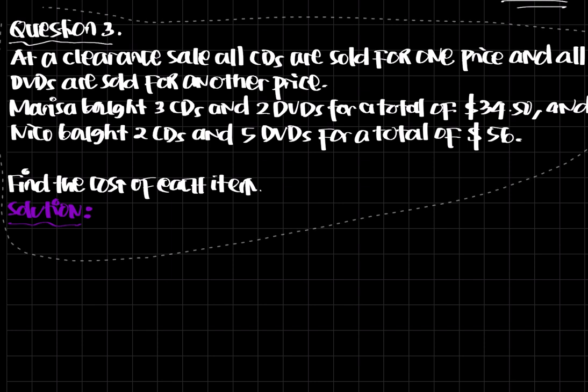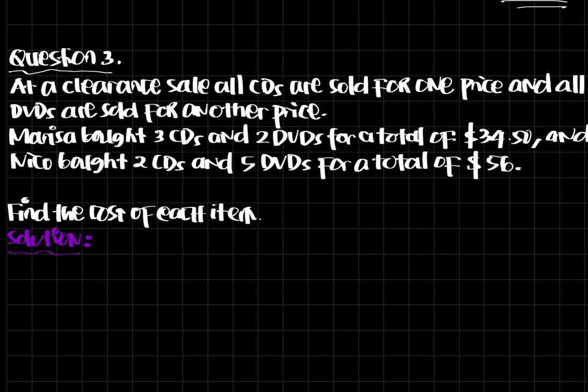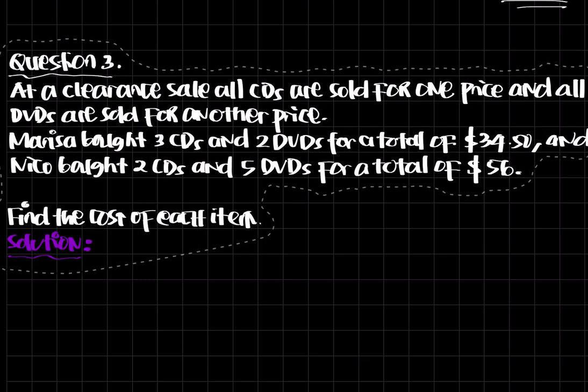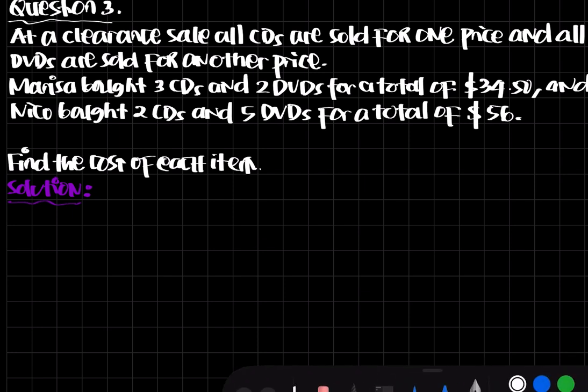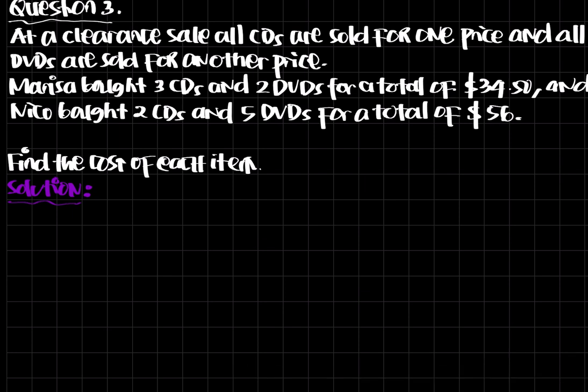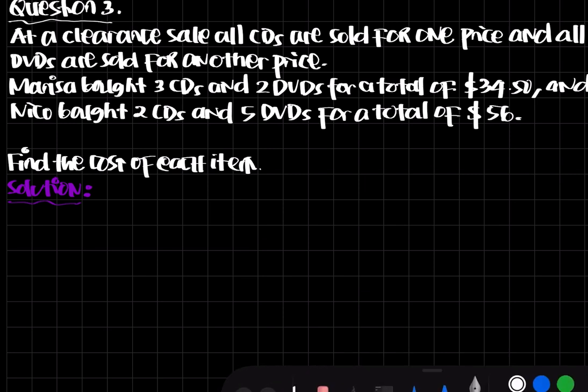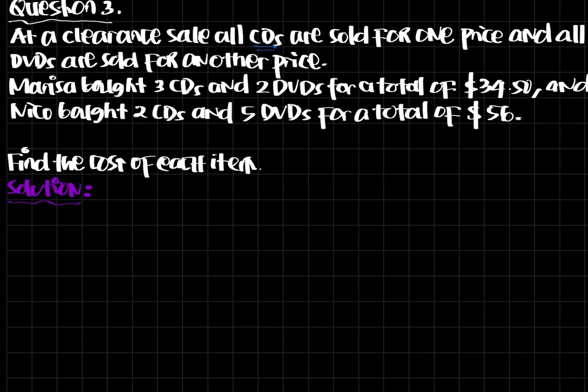So let's do the first one here. Step one, don't forget that: you have to label, identify what kind of item we're trying to find out. Here there are CDs and DVDs. 3 CDs, 2 DVDs, 34.50; 2 CDs, 5 DVDs, 56.